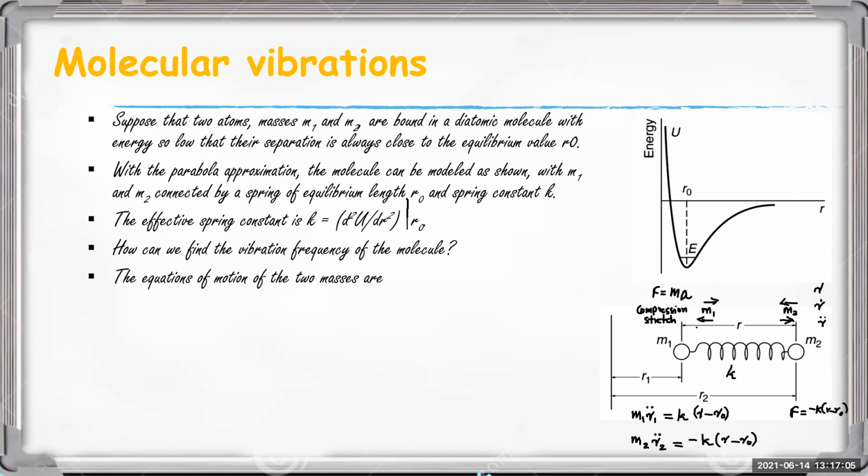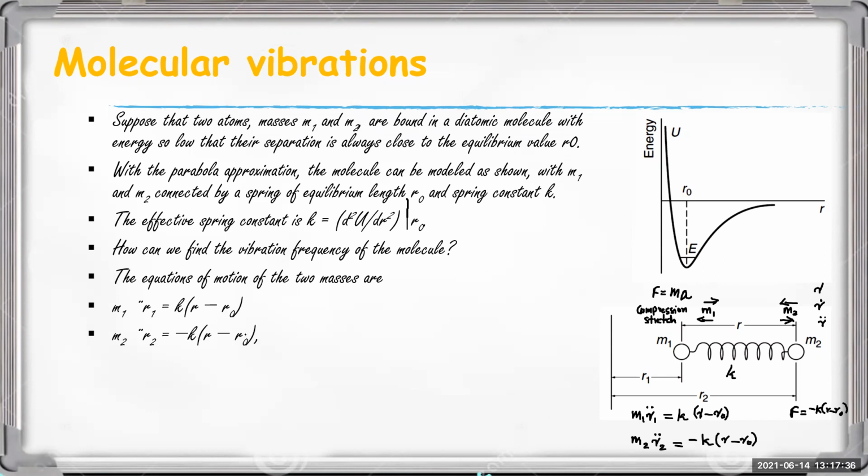If one atom moves opposite to the other, the negative sign comes, so it cancels. So the equations of motion are m1 r1 double dot is equal to k into r minus r0, and m2 r2 double dot is equal to minus k into r minus r0.